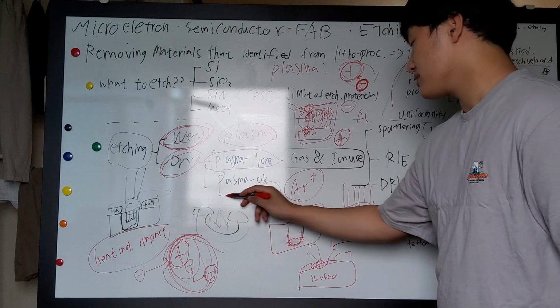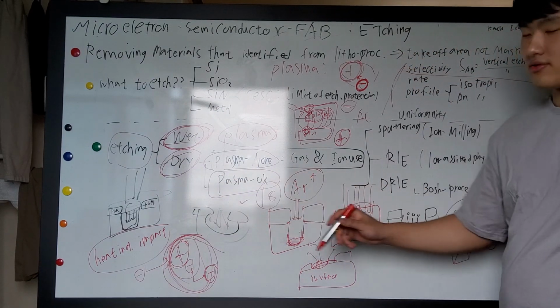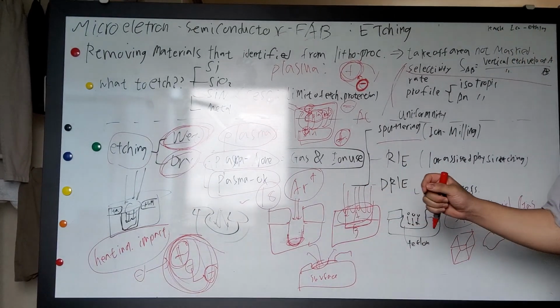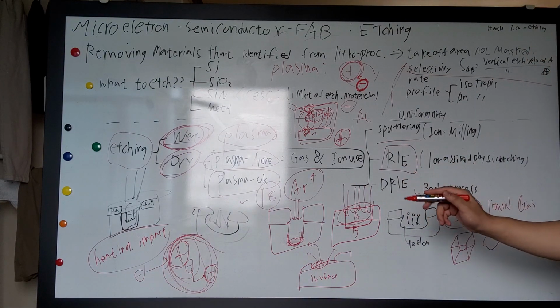And secondly, the plasma method. In this way, there is typically sputtering, which means ion milling, and secondly, RIE.